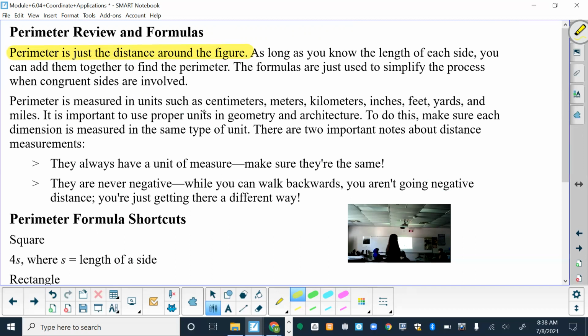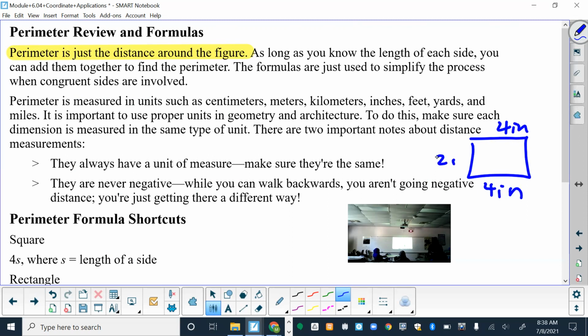So if you are told to find the length of something, and maybe it tells you 4 inches here, 4 inches here, 2 inches, 2 inches, but your answer options are in feet or something like that, centimeters even, you would need to convert it.